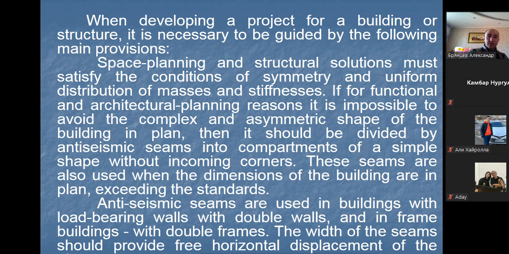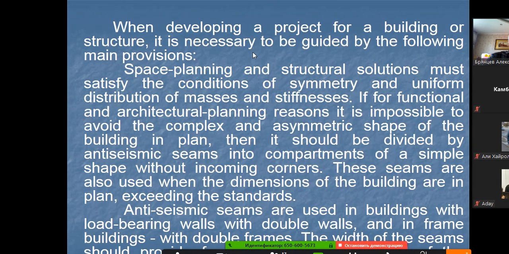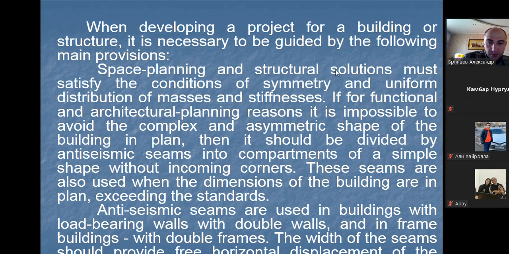These seams are also used when the dimensions of the building in plan exceed the standards. Anti-seismic seams are used in buildings with load-bearing walls, with double walls, and in frame buildings with a double frame. The width of the seams should provide for the horizontal displacement of the elements.